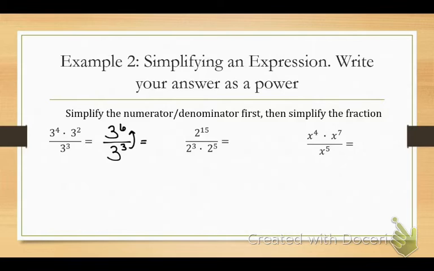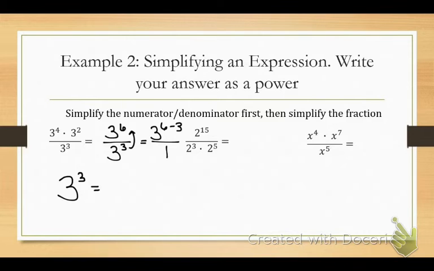I am bringing everything into my numerator. So 3 to the power of 6 minus 3. You see what I did there? Quotient of powers. What is 6 minus 3? 3. Okay, so 3 to the power of 3.